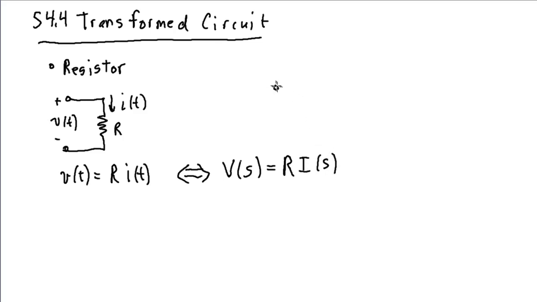So the corresponding S domain circuit, and we still have to mind the sign convention, would be an S domain voltage across the resistor and S domain current I flowing through the resistor, and then leading from Ohm's law directly to this relationship between the voltage and current. For an inductor, it's a little bit more complicated because of the differential relationship between the voltage and current.